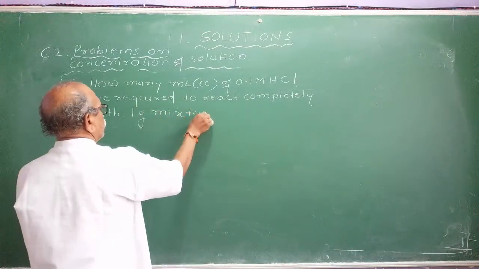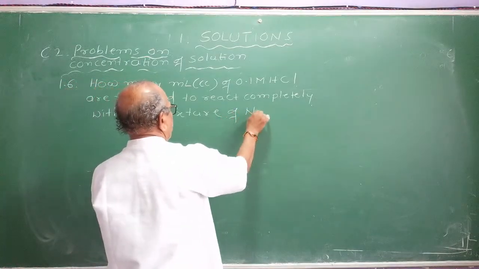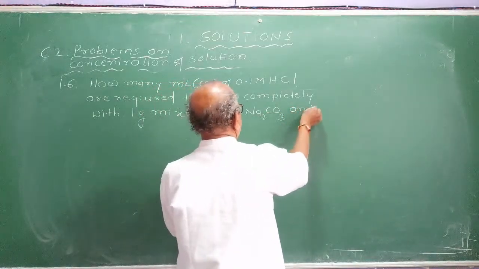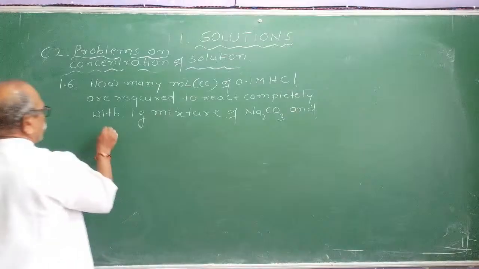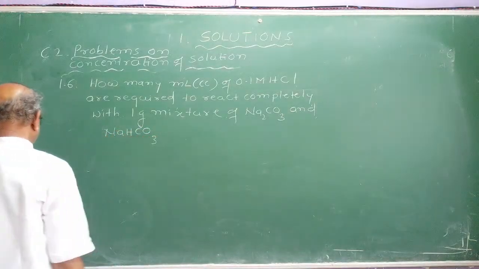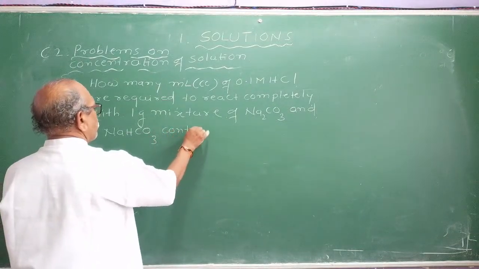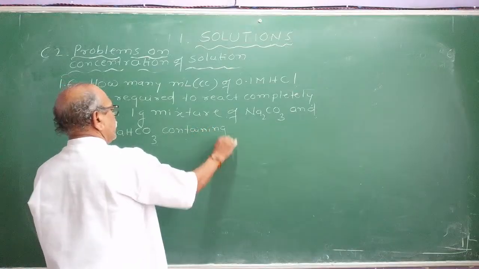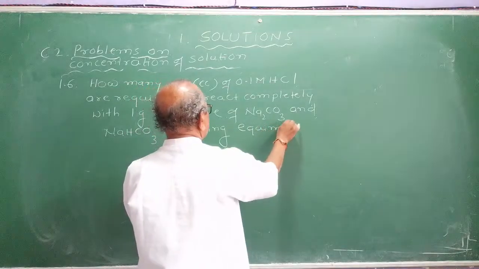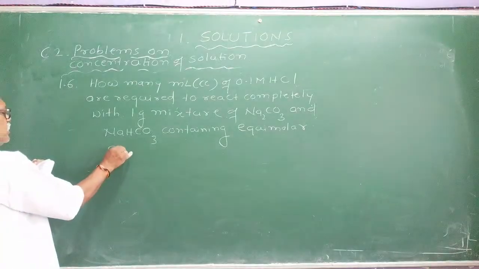Tough question. 1 gram mixture of sodium carbonate, Na2CO3, and sodium bicarbonate, NaHCO3, containing equimolar amounts. Equimolar means number of moles are the same, equimolar amounts of both.